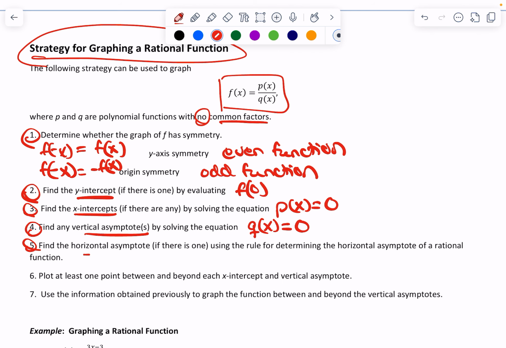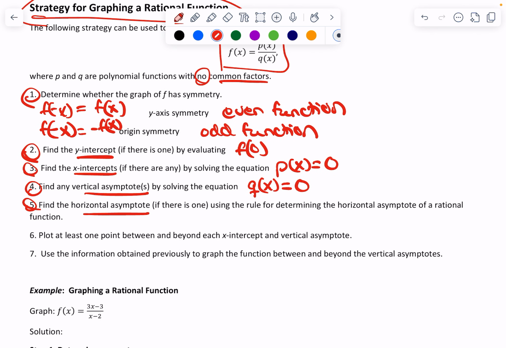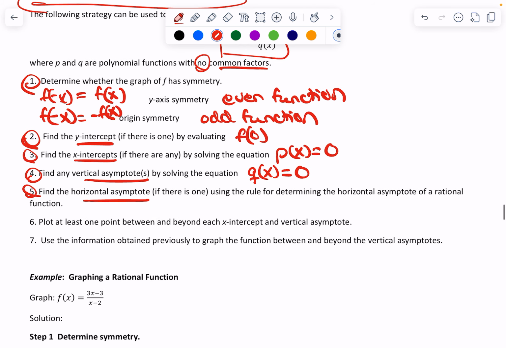Number 5, find the horizontal asymptote using the rule for determining the horizontal asymptote of a rational function. Next, plot at least one point between and beyond the x-intercepts and vertical asymptotes. And then 7, use the information obtained previously to graph the function between and beyond the vertical asymptotes.